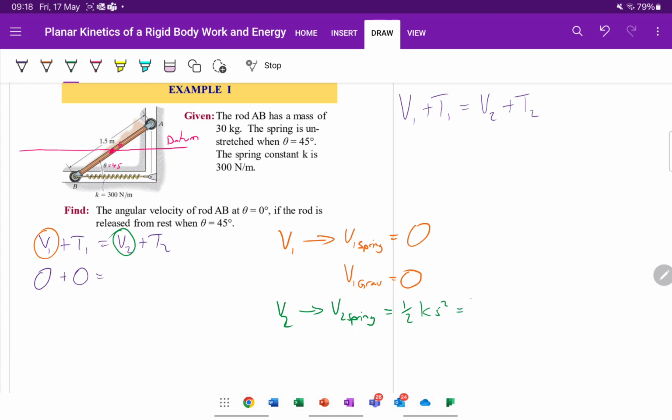For this question, k, we're told in the diagram, is 300. Our change in length, our extension of the spring, is going to be the new length.